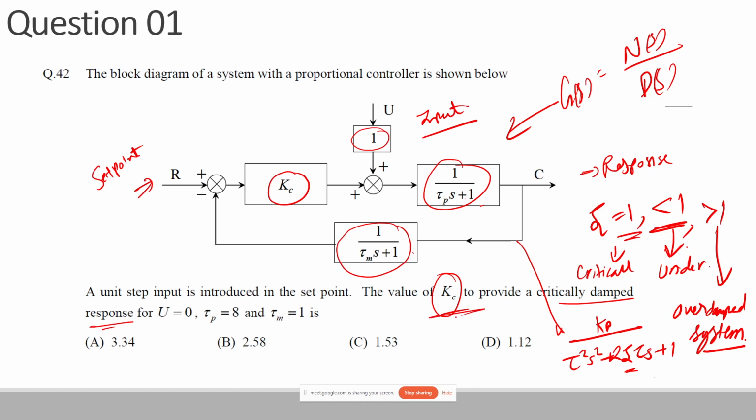So I will give you, let's say, 5-10 minutes to solve this question. Right now it is around 7:40. So we can try solving this question by 7:50. Within 10 minutes I will discuss the solution of this question.